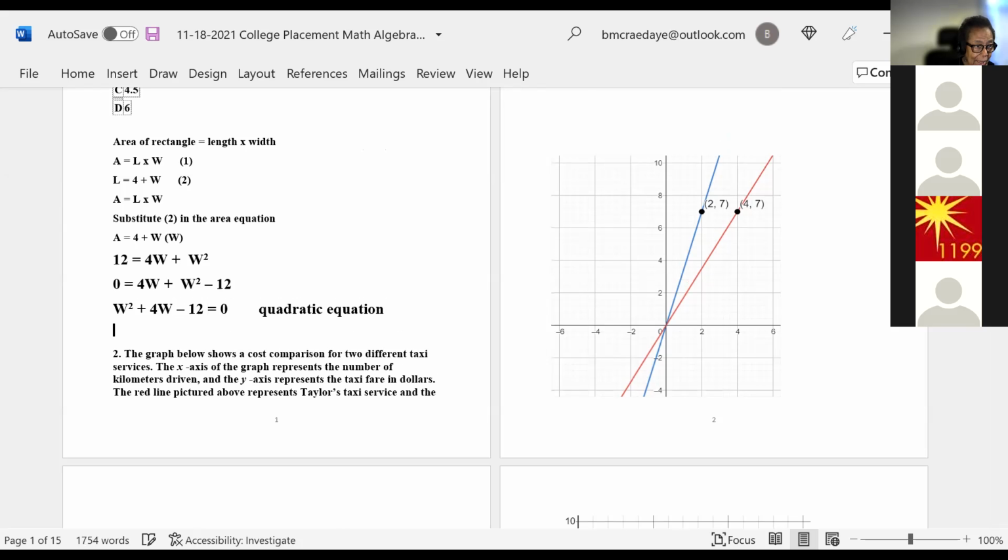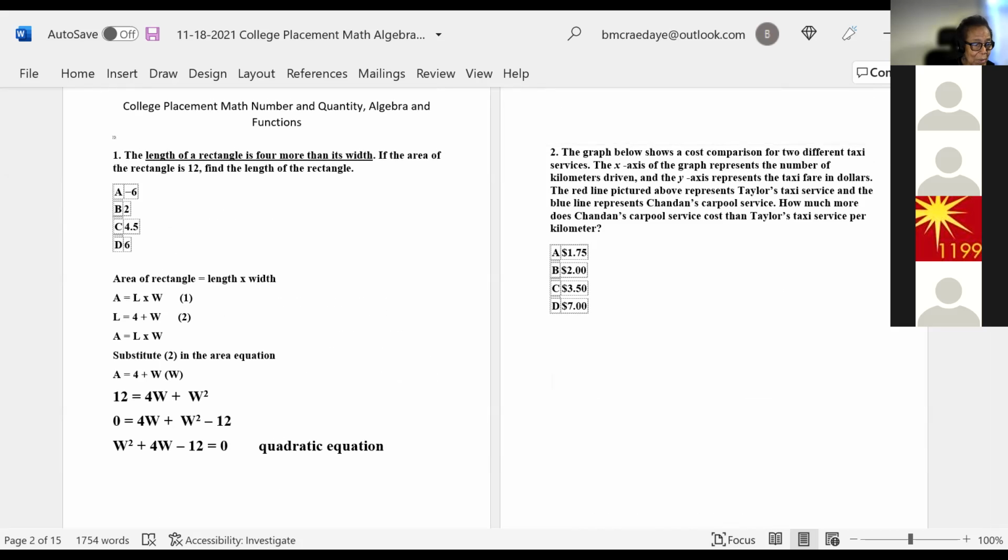Now, how do we factor this, Vanessa? You remember how we factor a quadratic? You want to find two numbers that multiply to give you this number and add to give you this number.